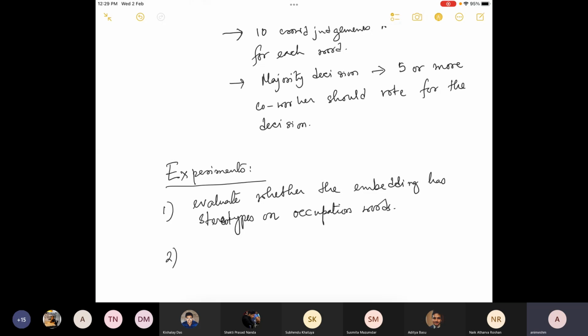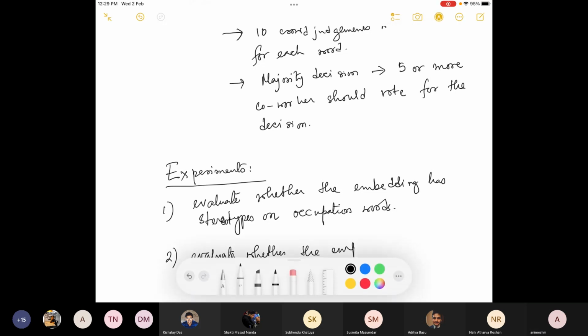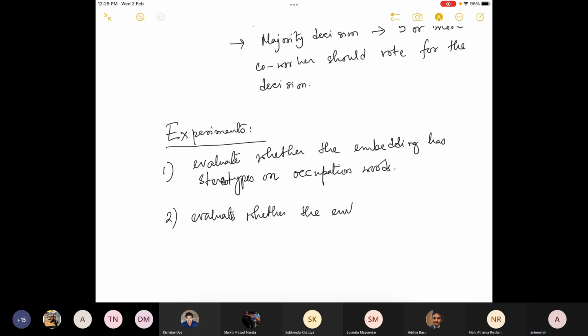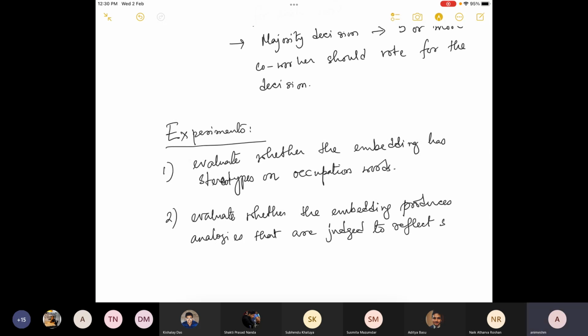And number two was to evaluate whether the embedding produces analogies that are judged to reflect stereotypes of the humans.